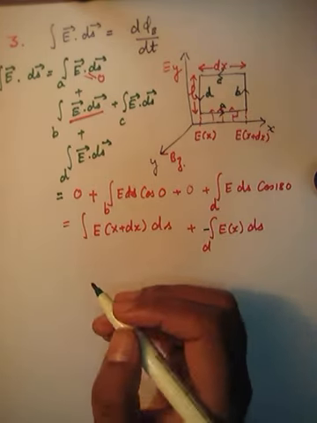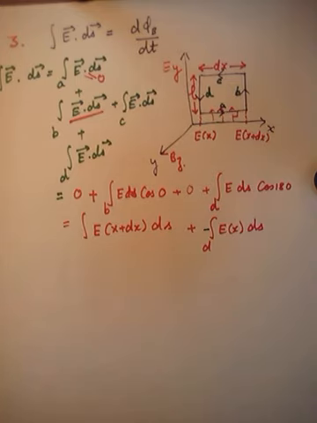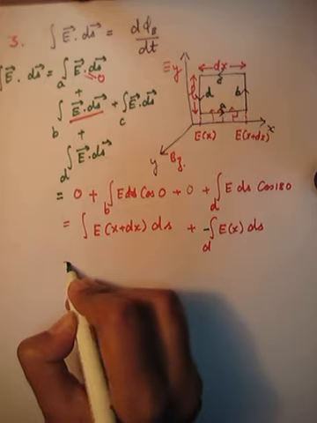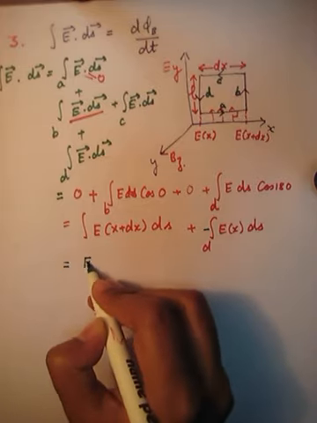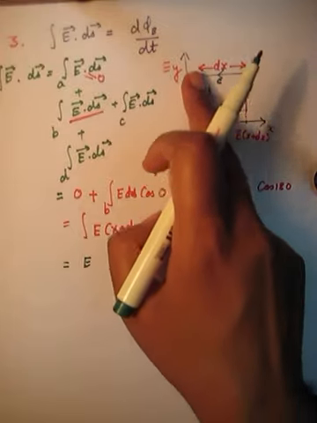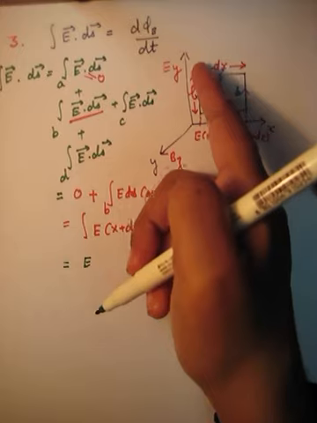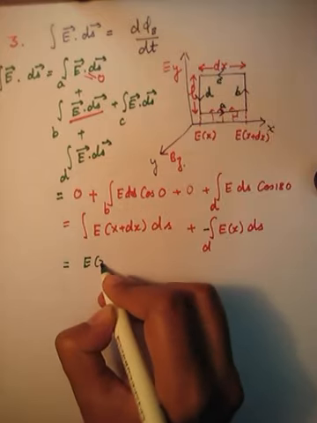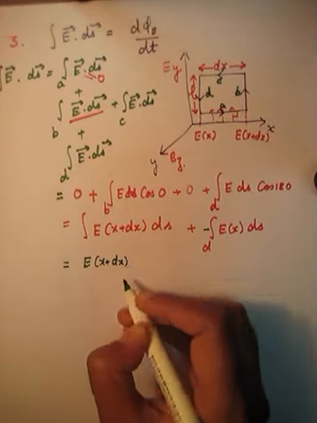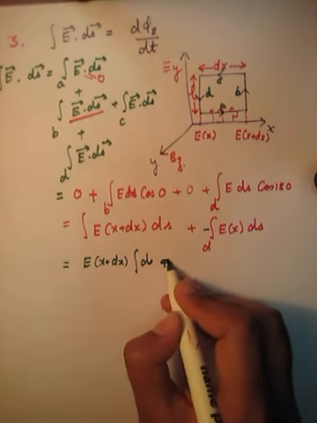Then we can also write it as, because now the electric field is constant on all of this length, it varies with x, but at a particular x it will be constant, so we can take it outside, and then it will be the integral of ds plus or minus.